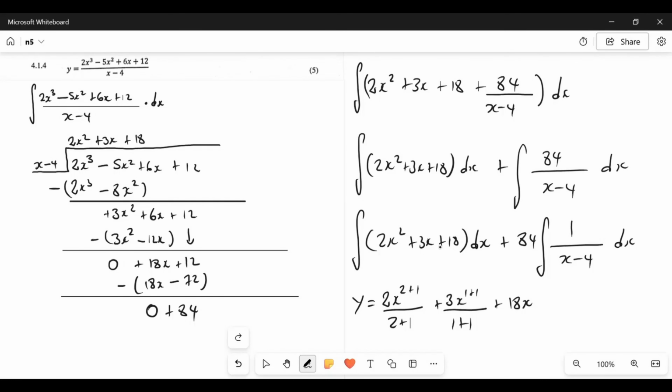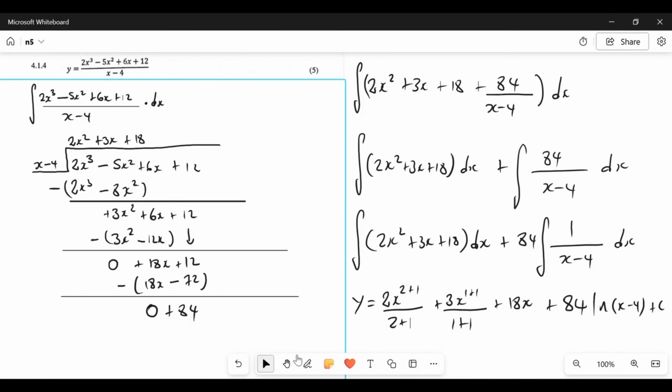Guys, when it's a constant and we are integrating, we just multiply by the variable we are integrating with respect to. Plus, let's look at the fraction there. We have 84 here, but this one is the one of ln. So we can integrate this by saying ln of x minus 4, and then in the end, it's plus c.